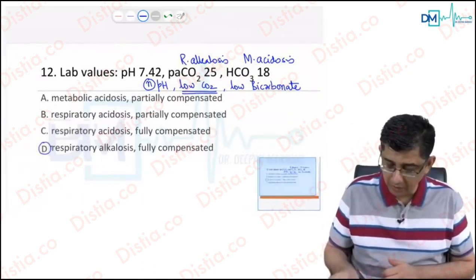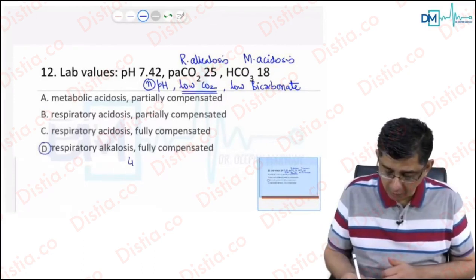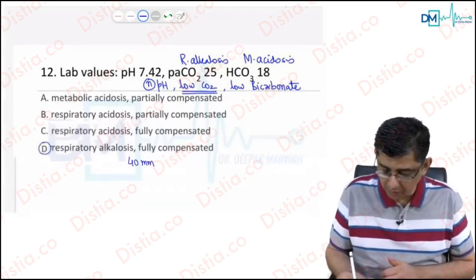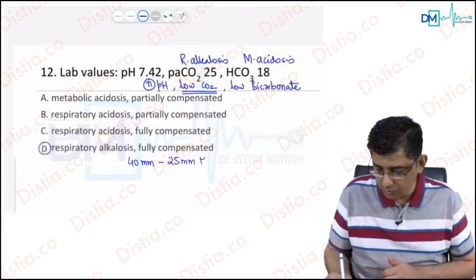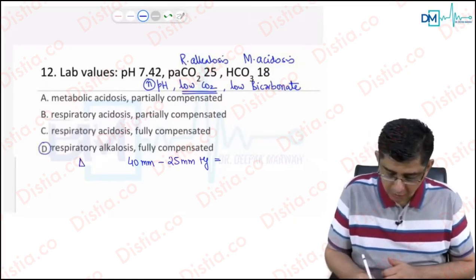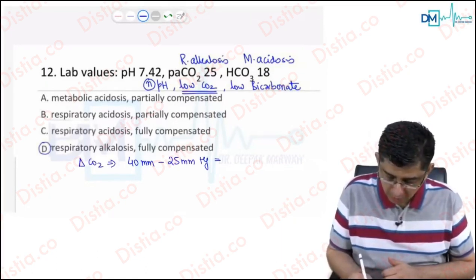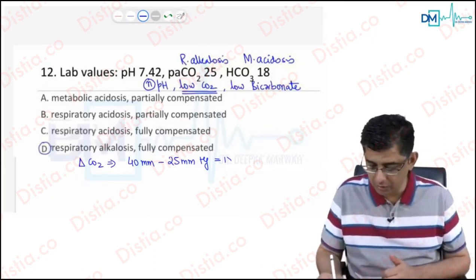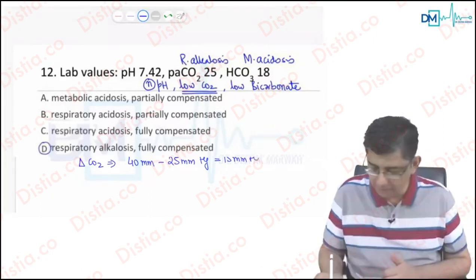Let's do some mathematics. Carbon dioxide in the body can be taken as an average of 40. In this guy, the value of carbon dioxide is 25. So the change of carbon dioxide in the body of this patient, mathematically, is about 15 millimeters of mercury.